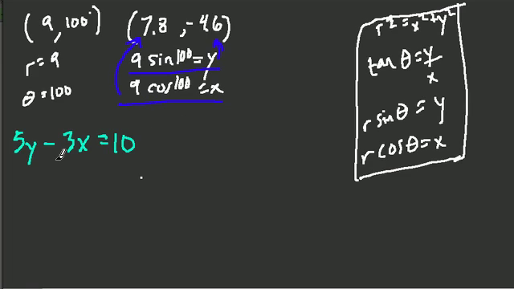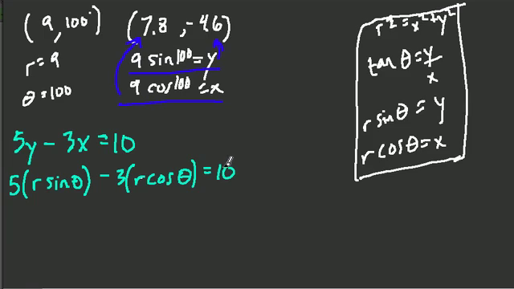Well, let's just substitute. y equals r times the sine of theta. So instead of 5 times y, we get 5 times r sine of theta minus 3 times r cosine of theta, and that equals 10.